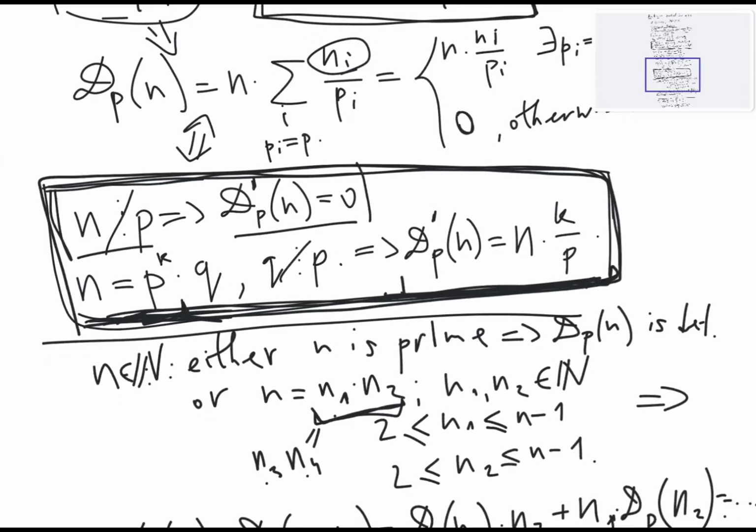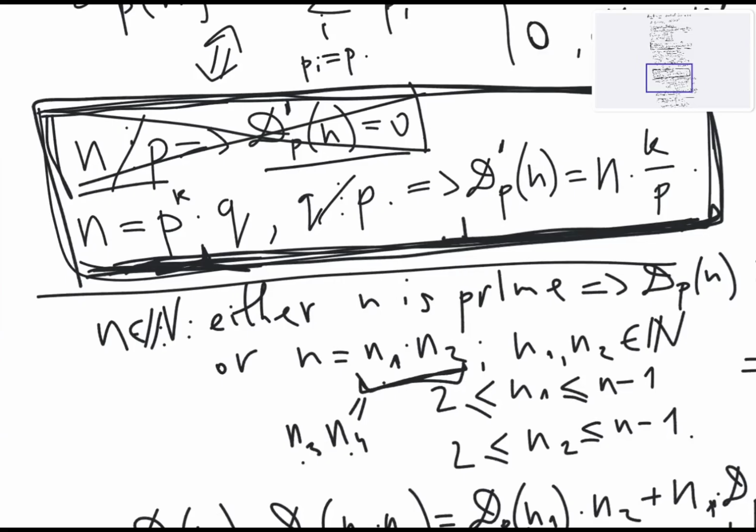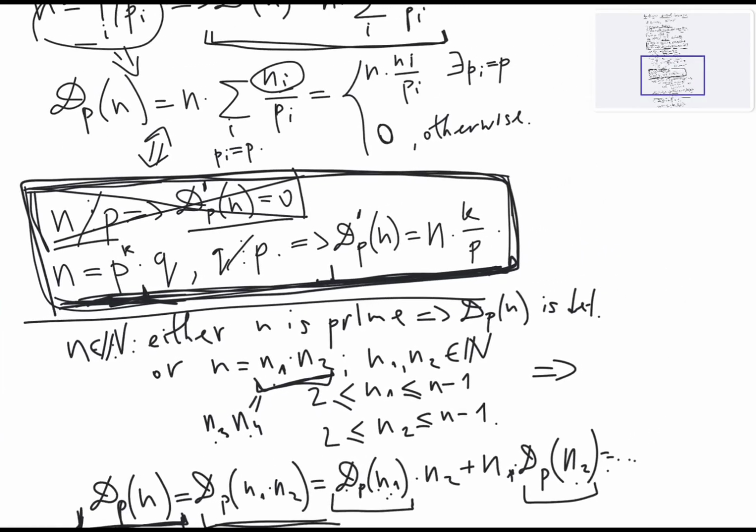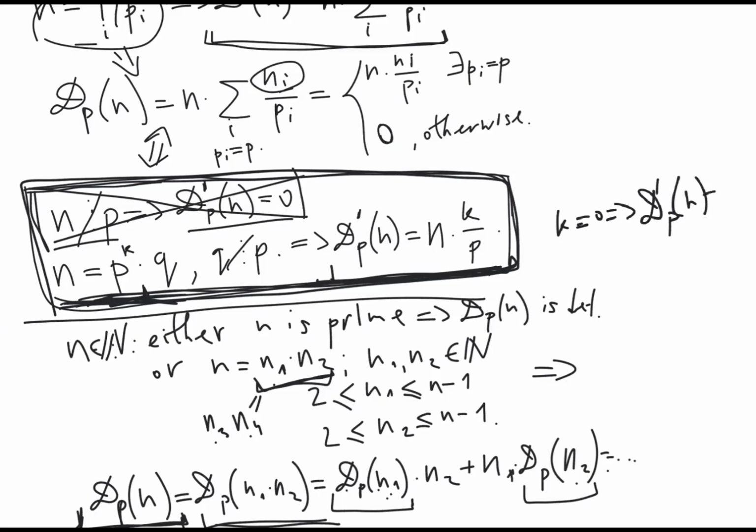Because if k is equal to 0, then we have d_p prime of n is equal to 0, because k is then 0.